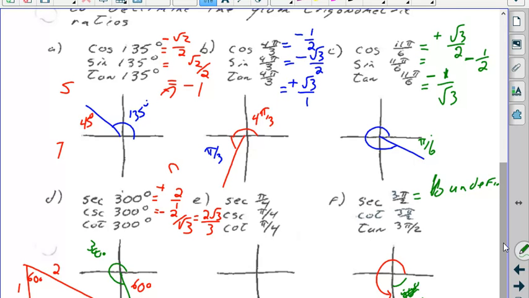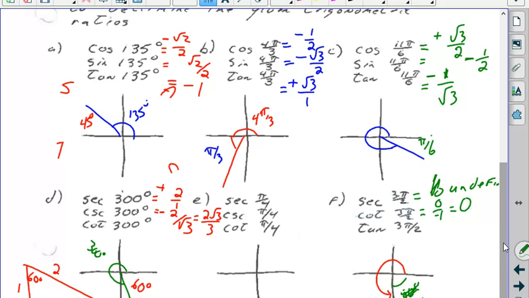We have cotangent. Well, cotangent is going to be equal to adjacent over opposite. So in this case, 0, our x-coordinate, divided by our y-coordinate, 0 over -1.